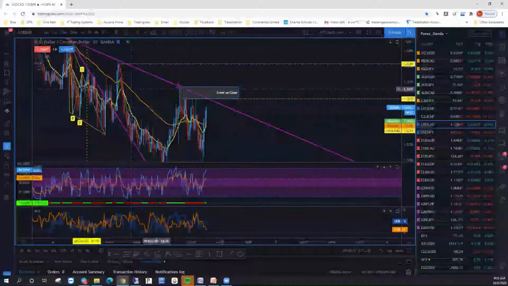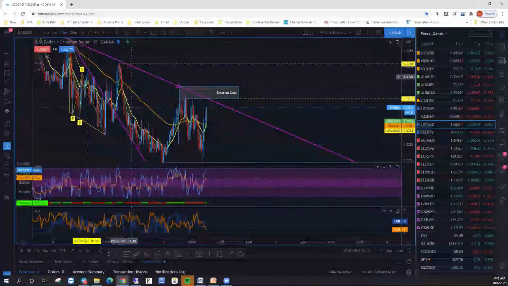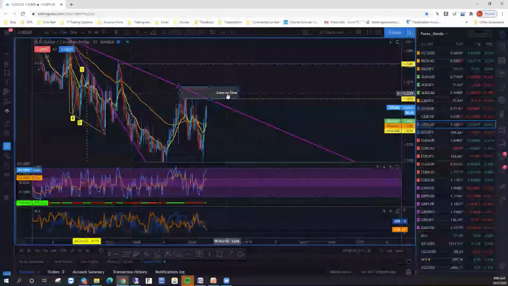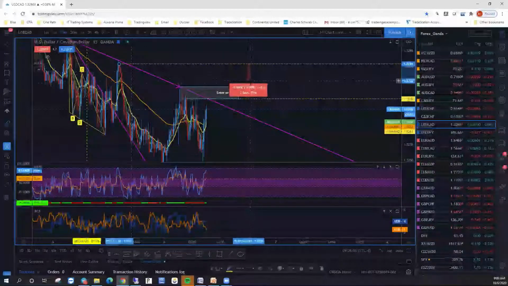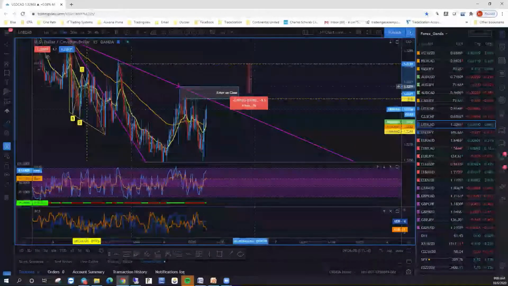This is the last real wick before it hits up to this area. So we get a close in here, do we have 7 pips? From here to here, there's 9 pips. There's room. But we gotta get a break, we gotta get a close above the trend line.